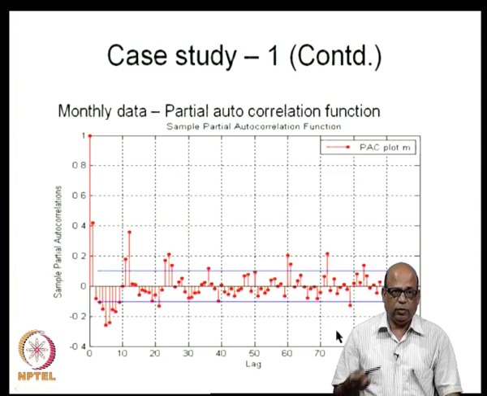Now, what does this tell us in terms of the model building that we discussed earlier? If your correlogram indicates a sinusoidal or exponential decay, and there are certain partial autocorrelations which are significant, this indicates an MA process, in which you can use these significant partial autocorrelations to build the MA model.